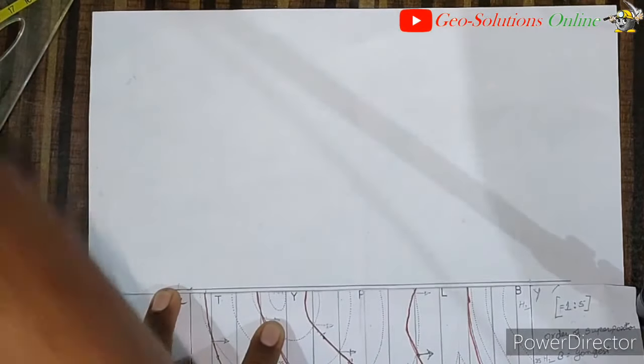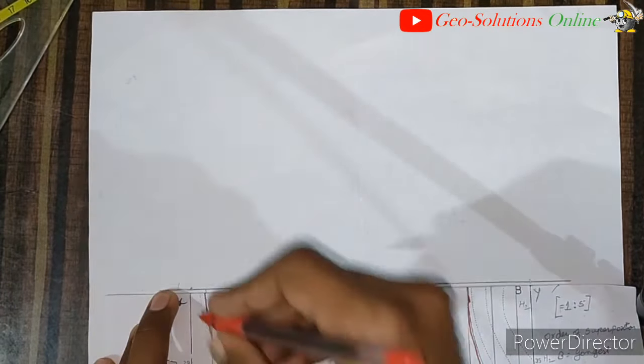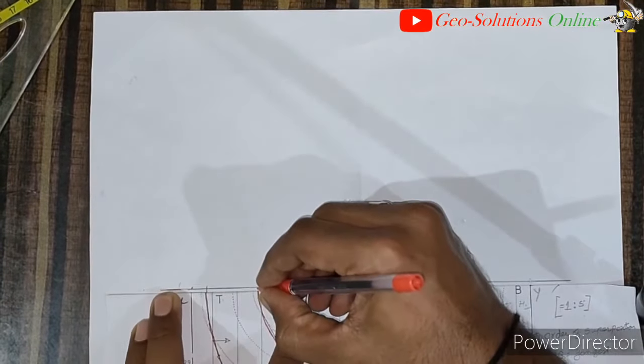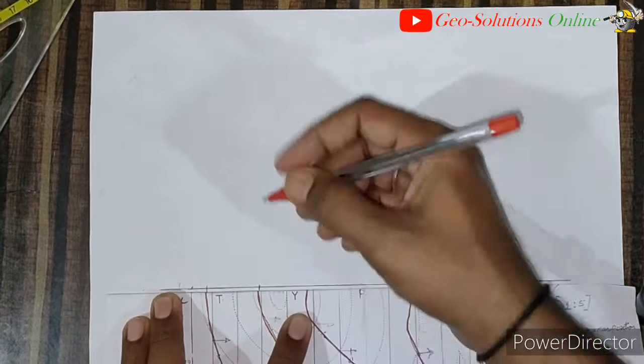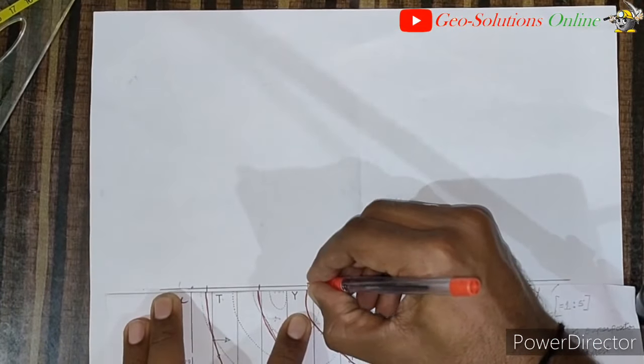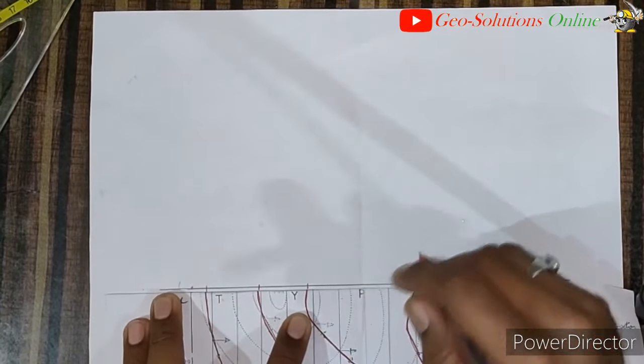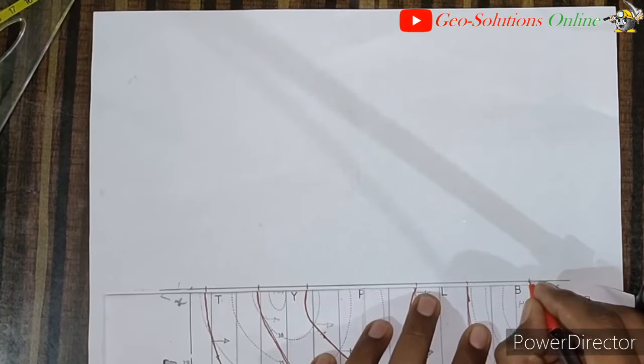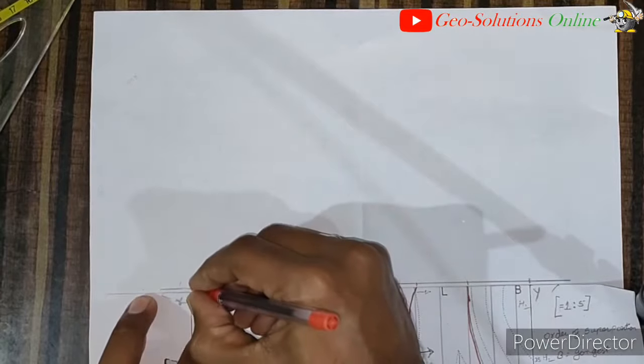Then we will keep the folded map along the axis to mark the features on the map. So then we will mark all the bedding planes on the map. Okay, so you may use a different color pen to mark the bedding planes.